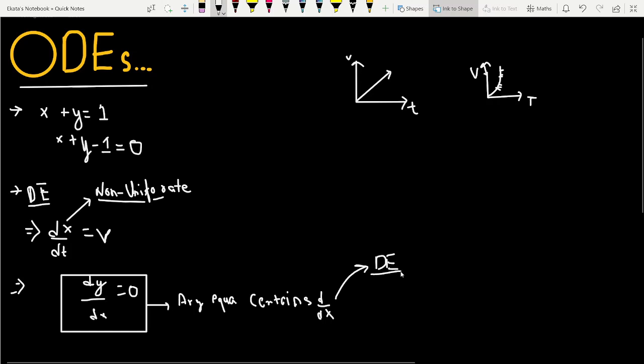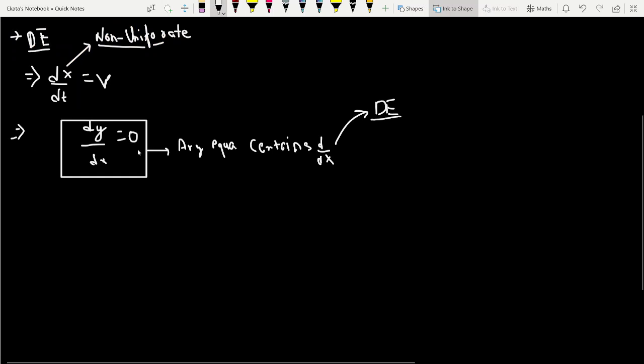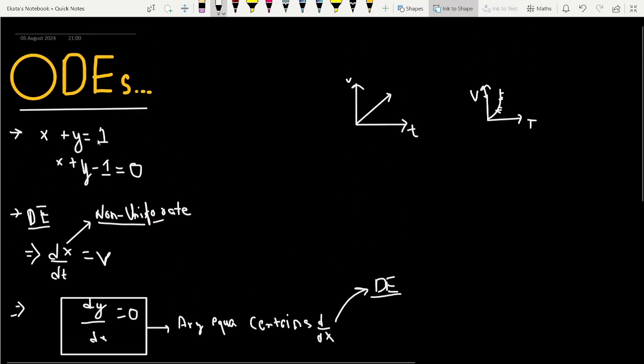This is the basic thing, that any equation which contains the derivative, the differentiation, as you can see here, dy by dx, this is a sign of a differentiation, it means this is a differential equation. Okay, that's fine. That's just like this. I have taken here that x plus y is equal to 1. So it is also an equation, but it is an equation with two variables.